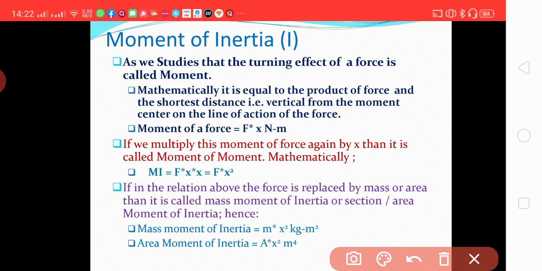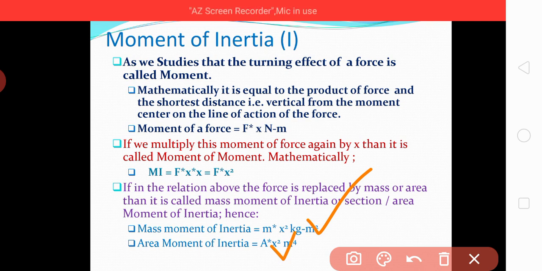And if we replace this force by area of a section or mass of a body, then it will be called mass moment of inertia or section moment of inertia. This is your mass moment of inertia, this is your section moment, usually denoted by capital I.